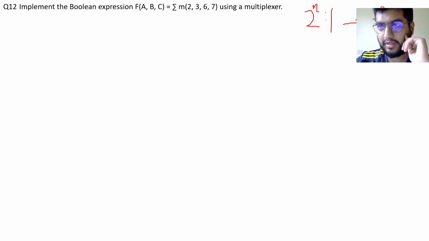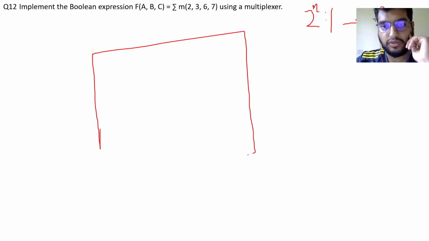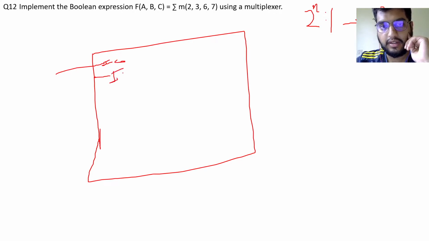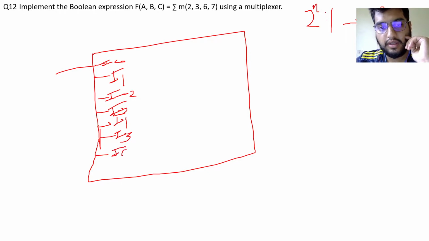So what we'll do is draw an 8 cross 1 multiplexer, having inputs I0, I1, I2, I3, I4, I5, I6, and I7.